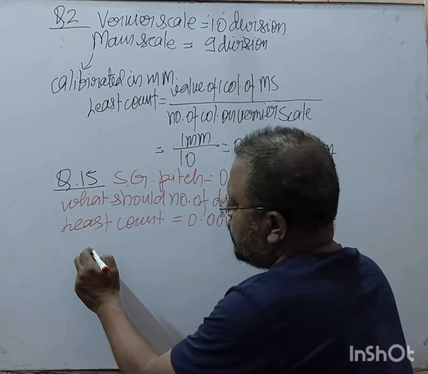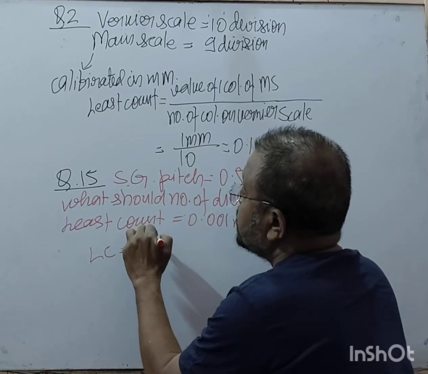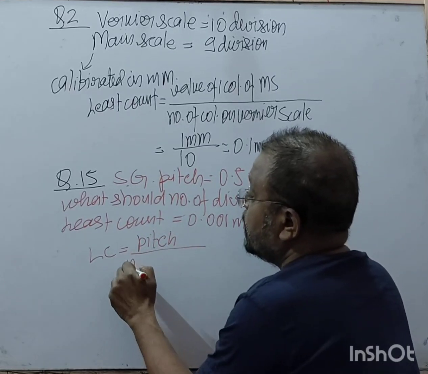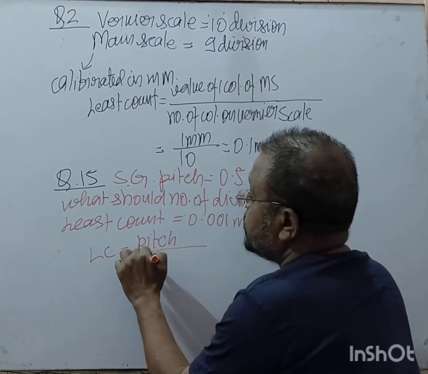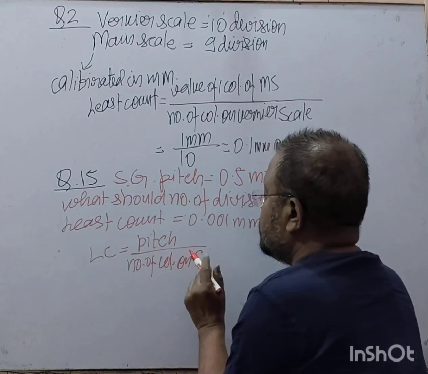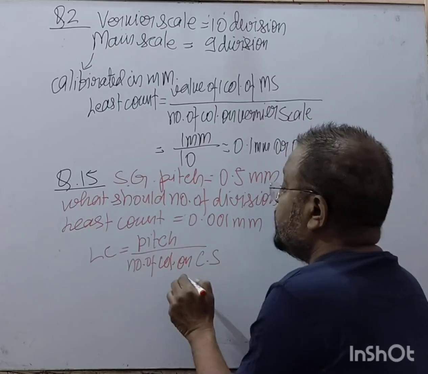So least count is equal to pitch upon the number of divisions on the circular scale.